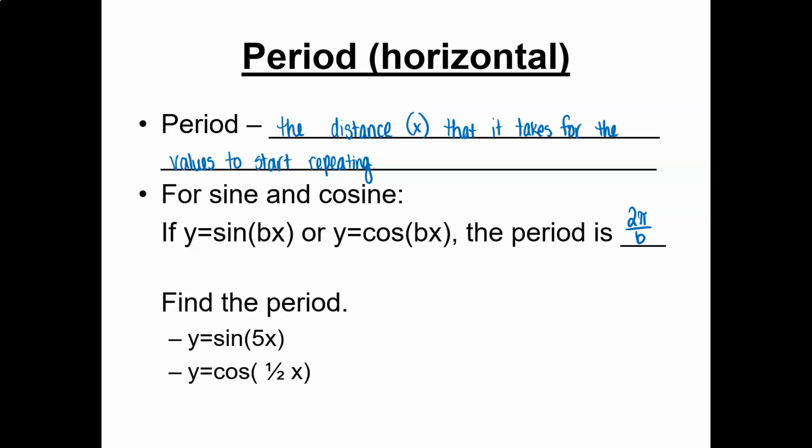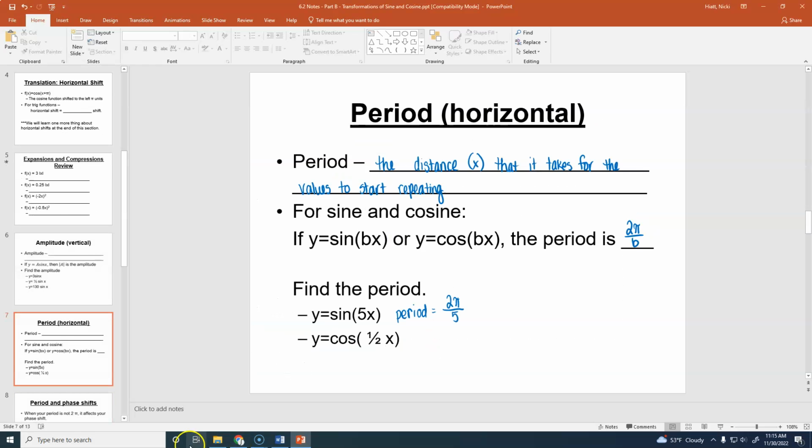So if we look at these two examples that I have here, if we want to know the period of the function, we would just do 2 pi divided by the number in front of your x, which is your 5, right? So if I graph sine of 5x, the period would be 2 pi over 5. Let's pull up Desmos real quick, just so you can see what that looks like.